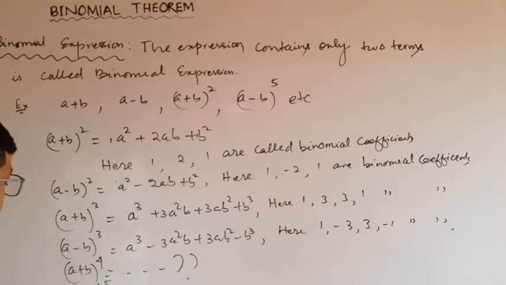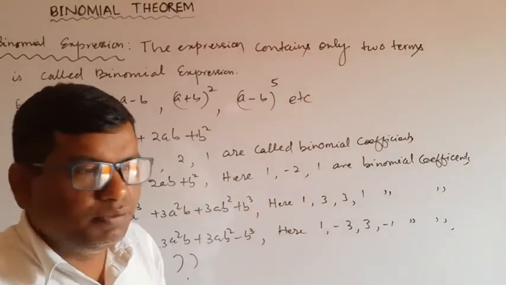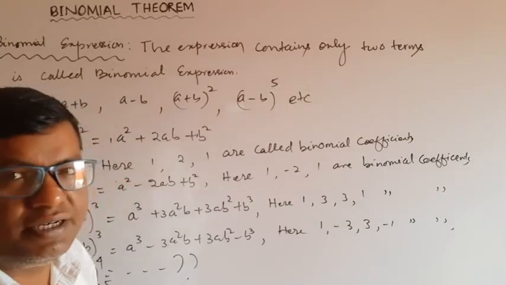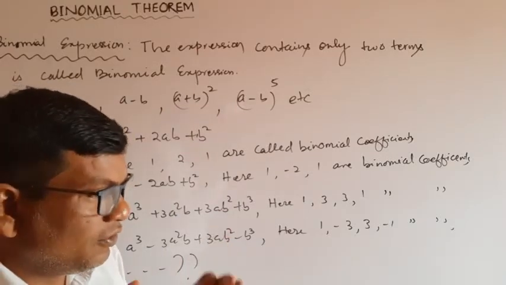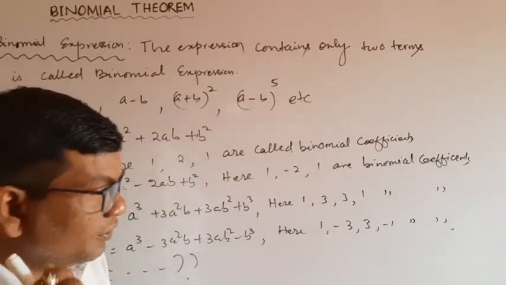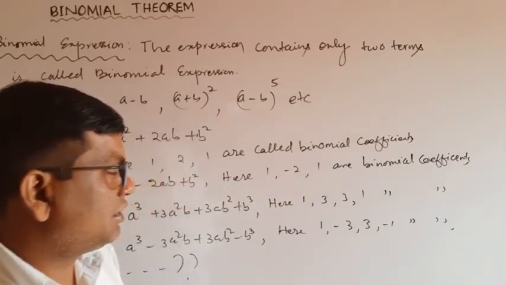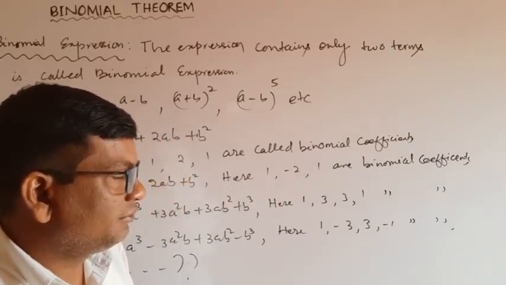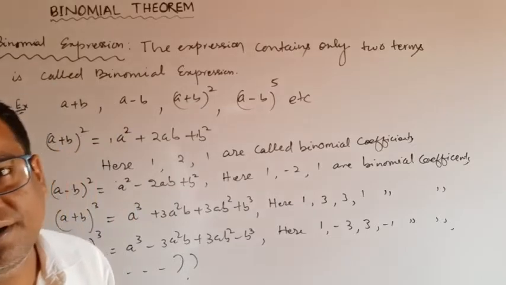But how to expand (a plus b) whole fourth? It takes a little bit of time, because we try to do (a plus b) whole square, (a plus b) whole square, then calculate it. It is difficult, and our fluency of saying will stop here.